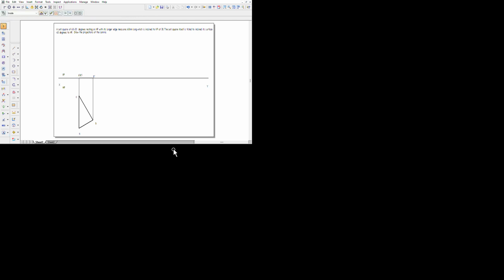Let's select this, go to move, copy, paste, take a line, normal line, project it downward.